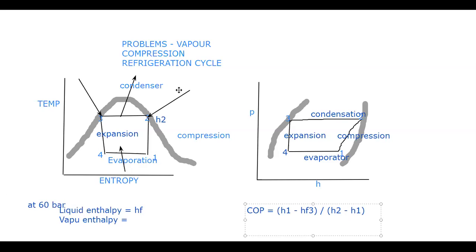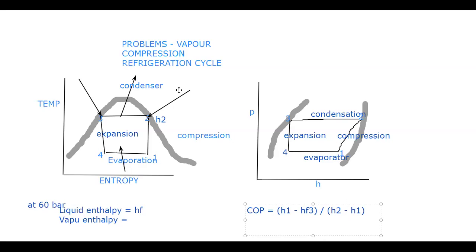Therefore you can calculate the enthalpy, H1 is equal to HF1 plus X1 HFG1, right? If you substitute all this information, you can get H1. How much are you getting for H1? 183.9. You can see the screen, right? In this relation, where is he taking the data HF1, HG1 from?